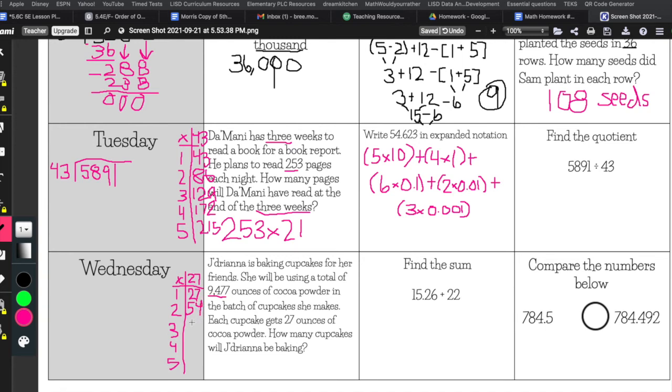Times 3 is 81. Times 4 is 108. And times 5 is 135. Okay, do the rest. Let me know if you need help.